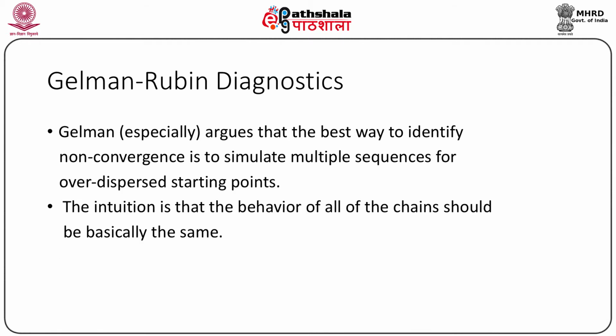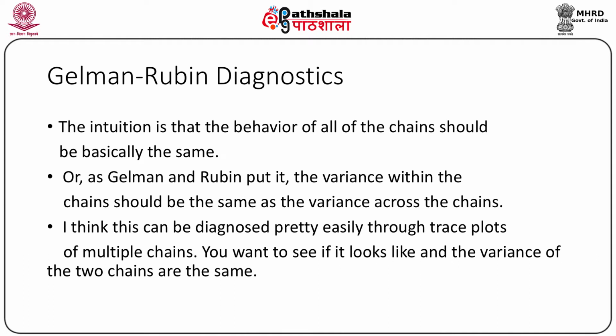Then we'll talk about the Gelman-Rubin diagnostic. Gelman especially argues that the best way to identify non-convergence is to simulate multiple sequences from over-dispersed starting points. The intuition is that the behavior of all of the chains should be basically the same, or as Gelman and Rubin put it, the variance within the chains should be the same as the variance across the chains.